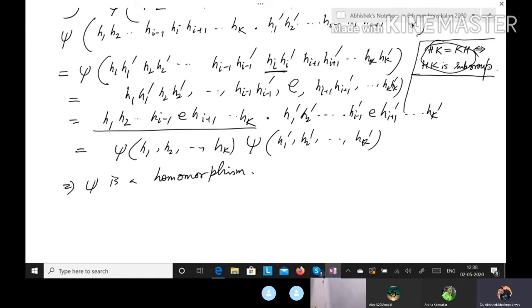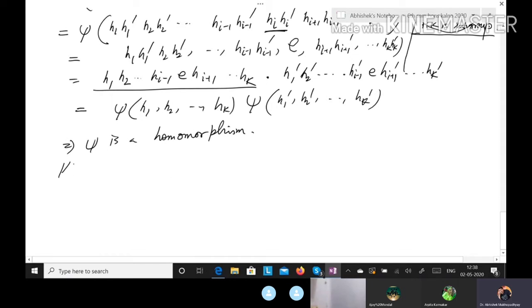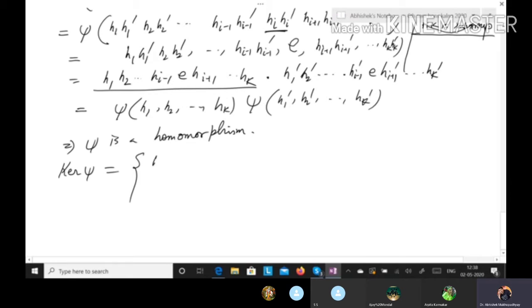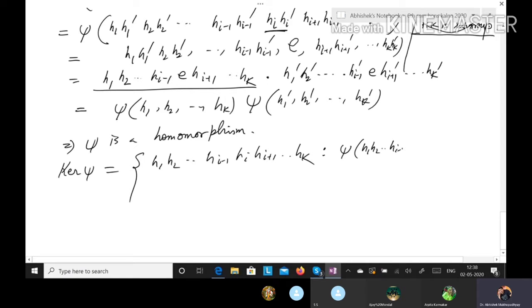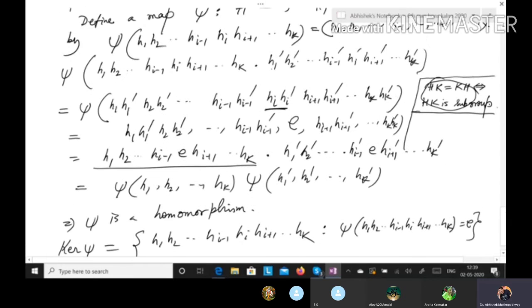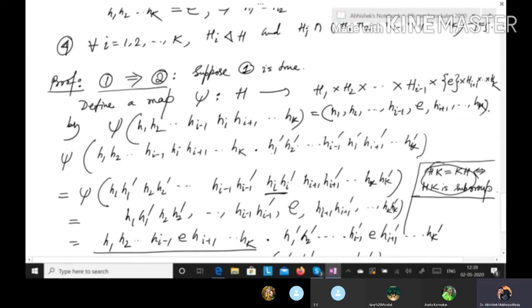So now, if we consider the kernel of this homomorphism, that is kernel of psi, then what would it be? That is the set of all those h1, h2, hi minus 1, hi, hi plus 1, hk, such that psi of this member is the identity. Identity means the identity in the group H1 cross H2 cross this one.